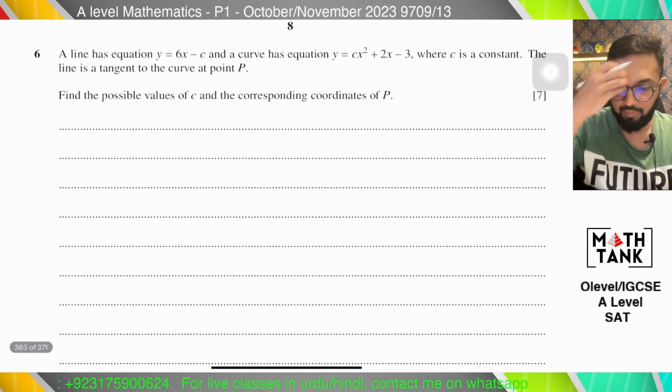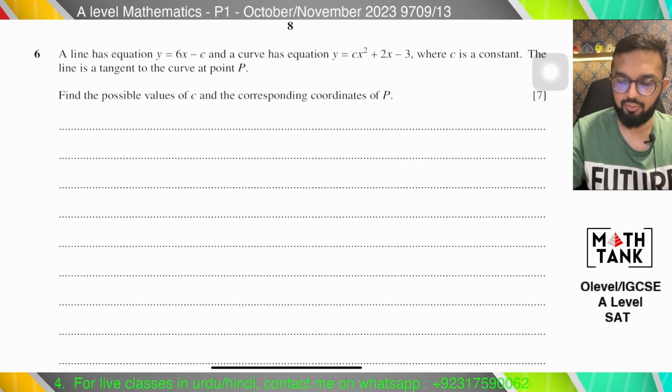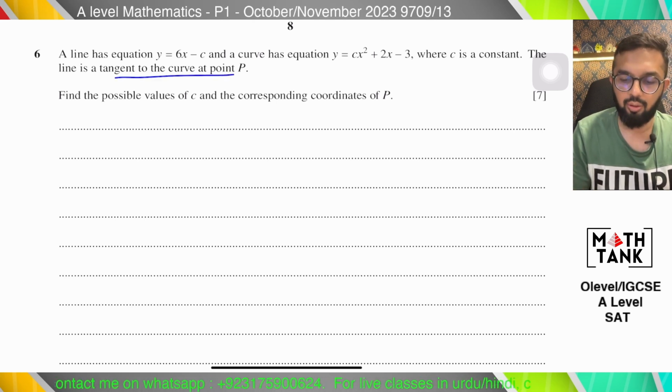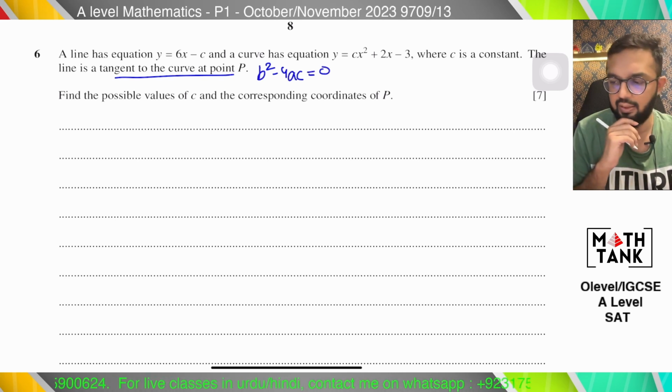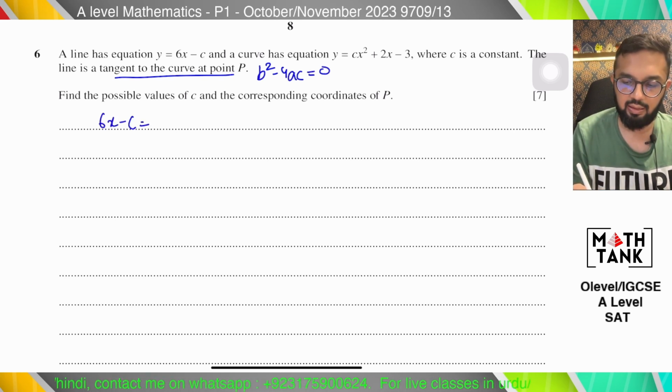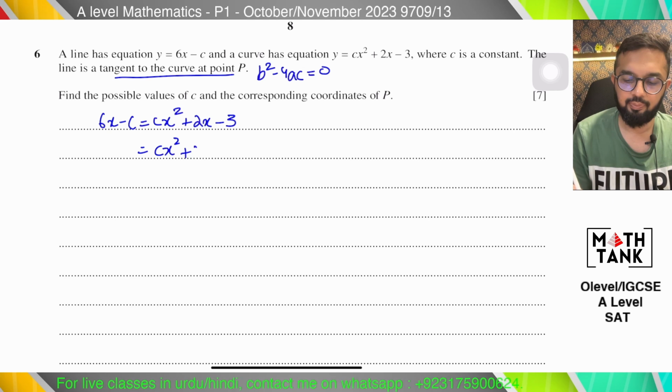Okay, a line has this equation and a curve has that equation, where c is a constant. The line is a tangent to the curve. So whenever I'm talking about tangent, it's b squared minus 4ac equals 0. Find the possible values of c and the corresponding values of that. So 6x minus c equals cx squared. I'm going to first solve simultaneously and then see what I get.